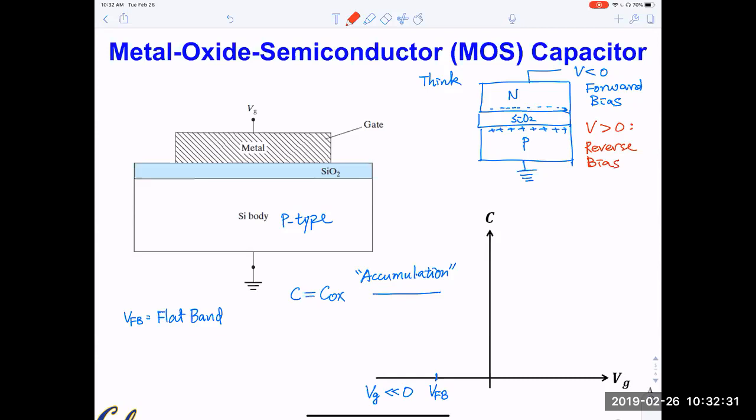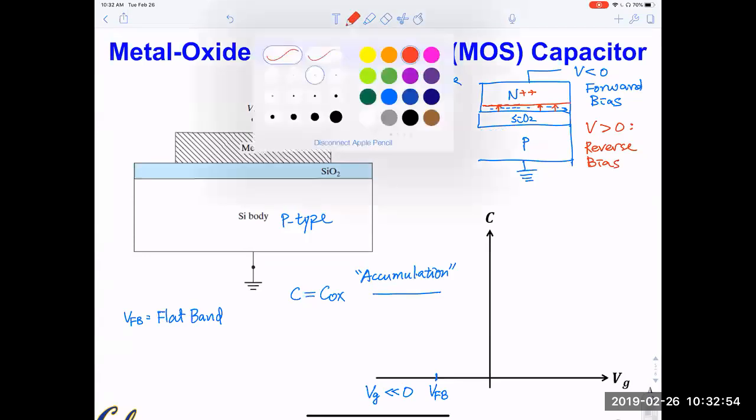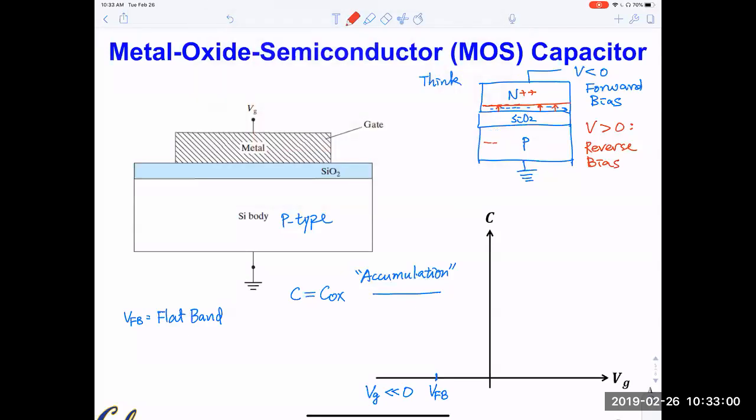In the reverse bias case, the depletion region develops. Usually the N side is very heavily doped, so I put N++ here to indicate high doping. The charge will disappear on the lightly doped P side instead, and the depletion region will develop here. So this is the depletion region, just like a PN junction.